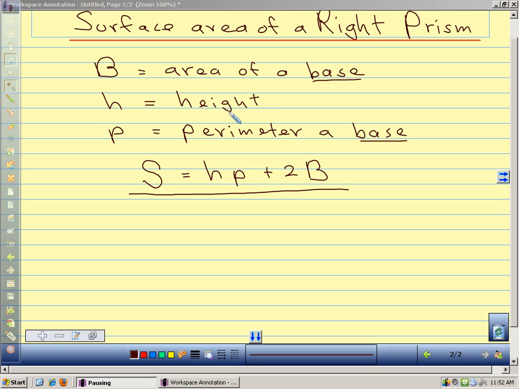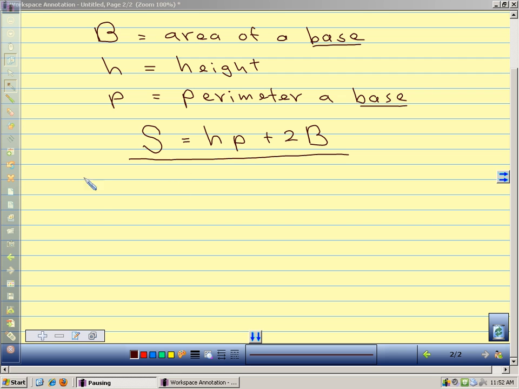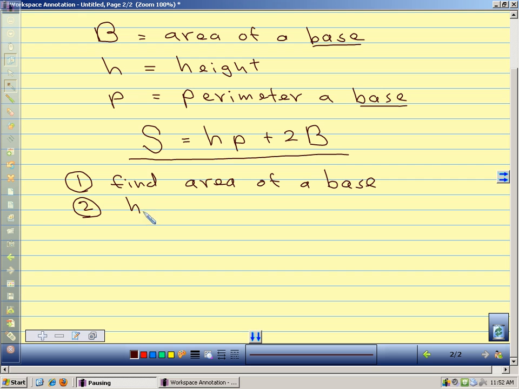So let's look at an example of using our surface area formula. When we use our surface area formula, we need to find three things. We need to find area of a base. We need to find the height. And we need to find the perimeter of the base.